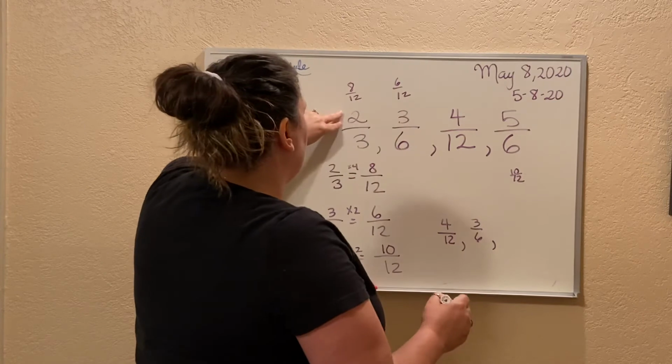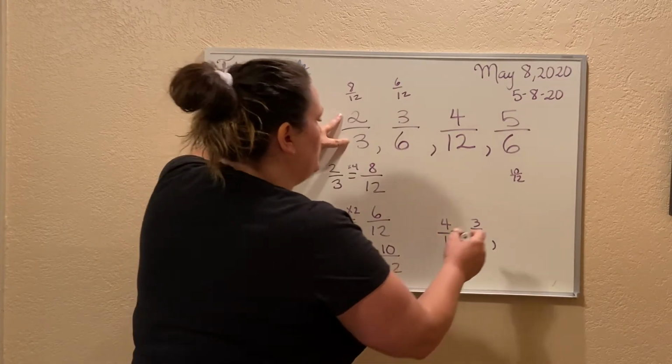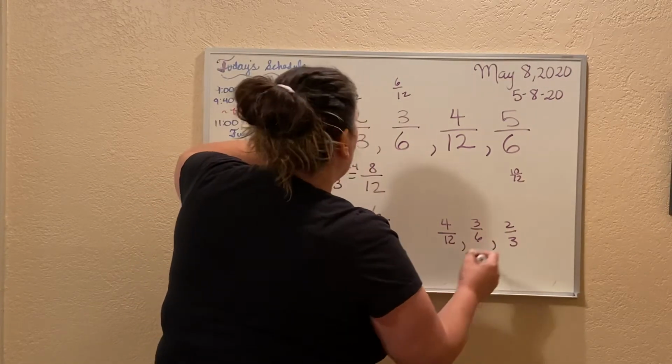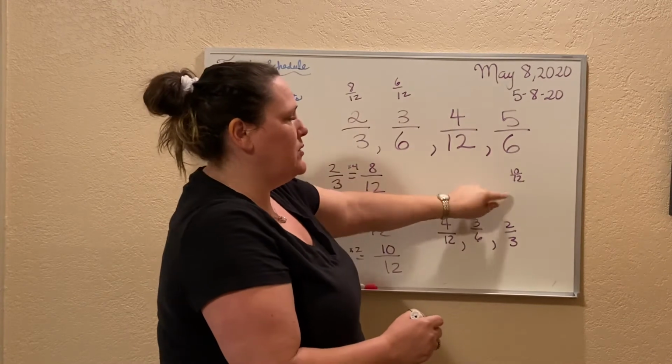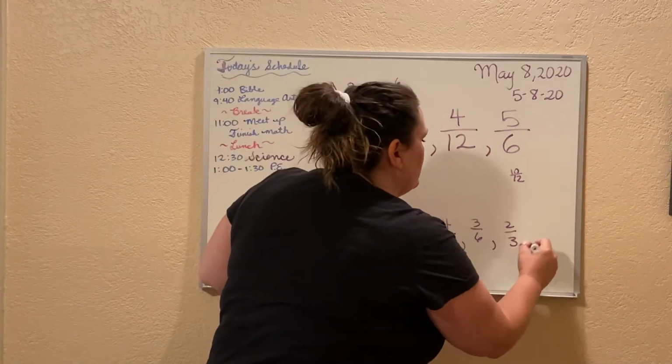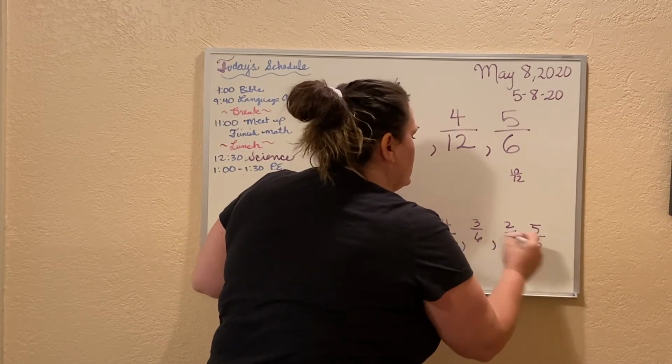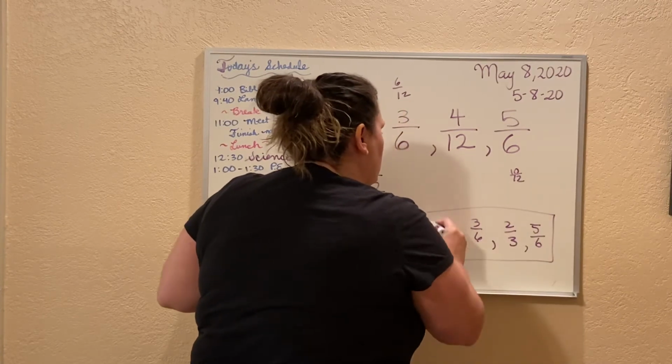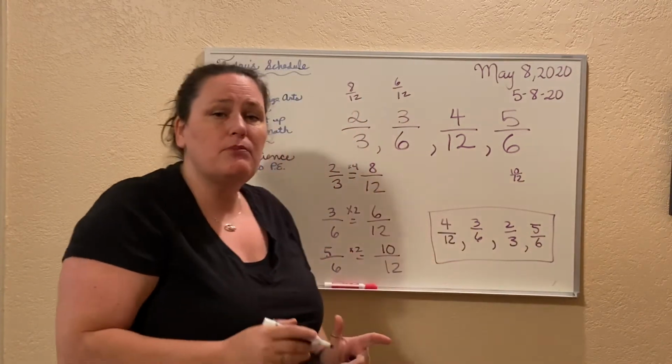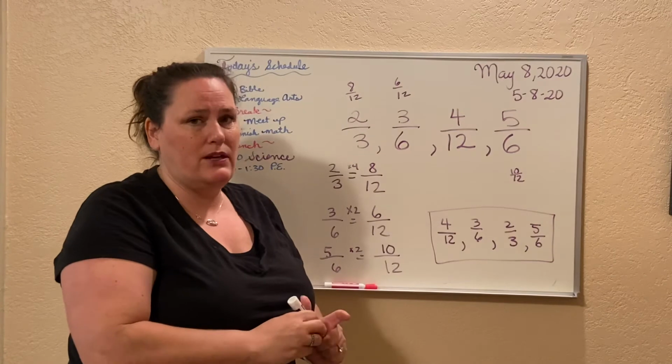Then next would be this one, 8, so 2/3 would be next. And then lastly, this one, which was 10/12, would be the 5/6. So this would be their answer here in putting them least to greatest.